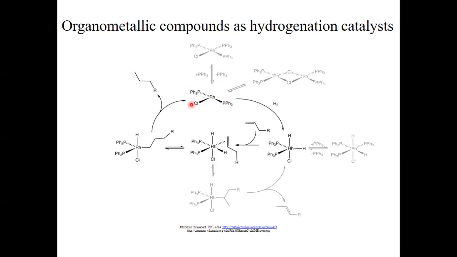This species is in chemical equilibrium with its dimer, but this is the actual catalyst. Now this species can undergo an oxidative addition when we add hydrogen. That increases the coordination number from 3 to 5 and increases the oxidation number of rhodium from +1 to +3.